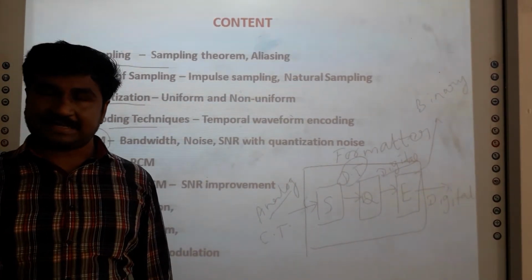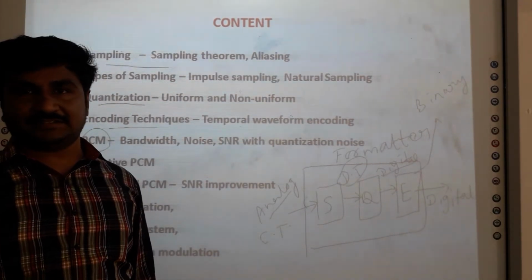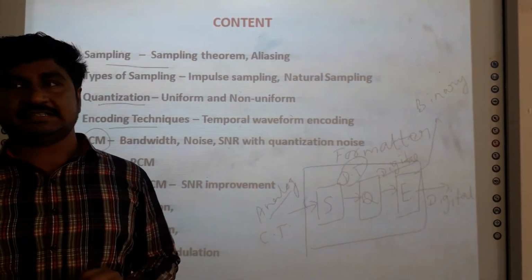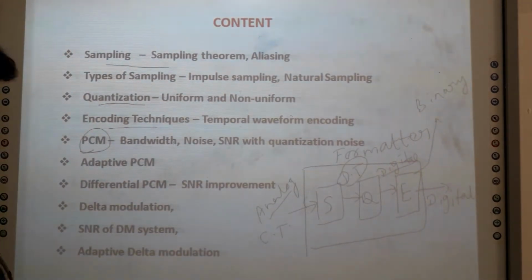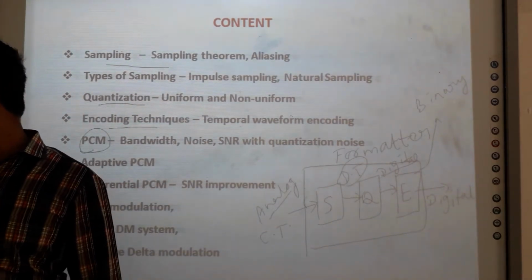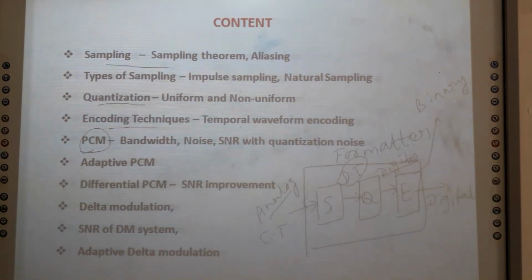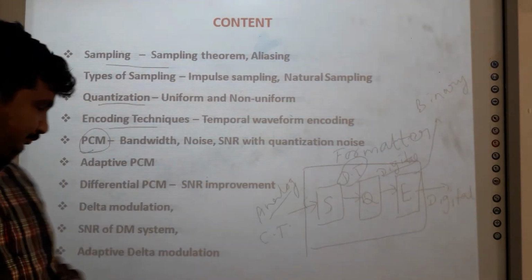And we are going to compare the performance of PCM with other systems such as differential PCM, adaptive differential PCM, delta modulation and adaptive delta modulation. We are going to compare the performances of all these systems in Unit 1.